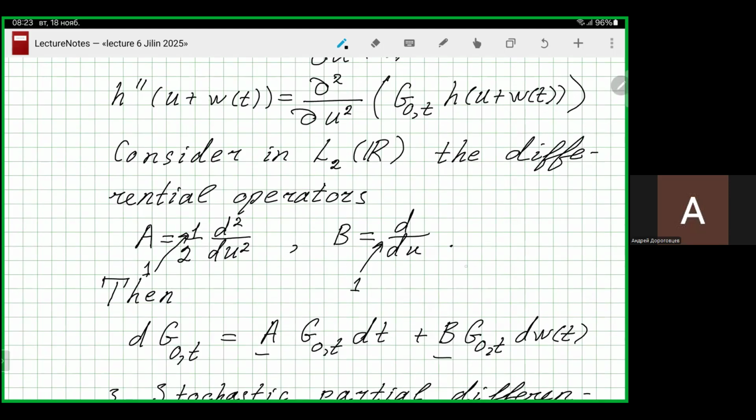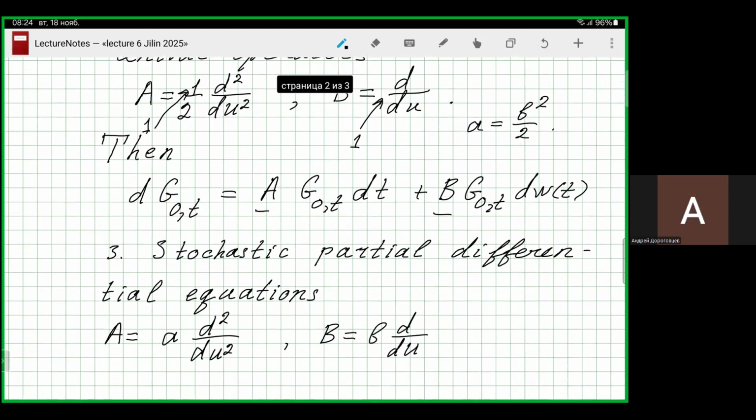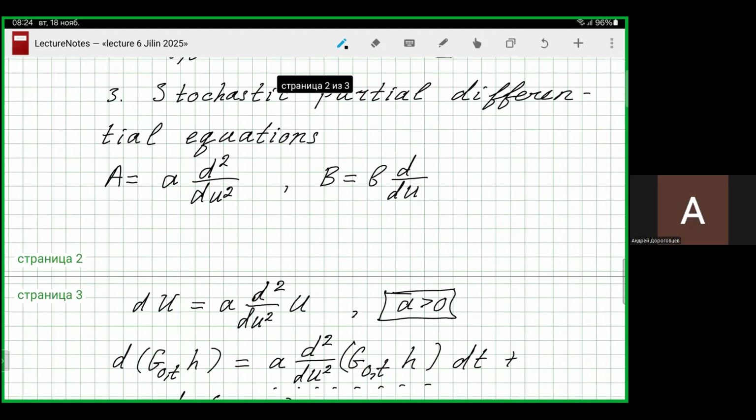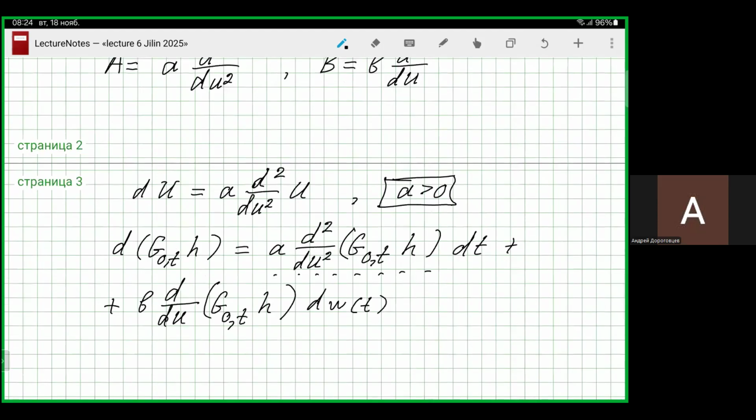Let me say that now a is equal exactly to b square over 2. So from this reason, one can expect that in general we must have some relationship between a and b in order for a solution to exist.